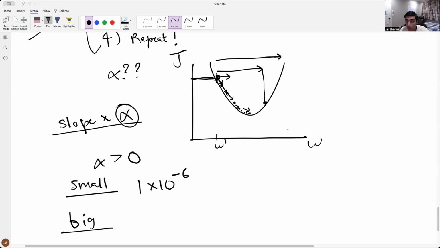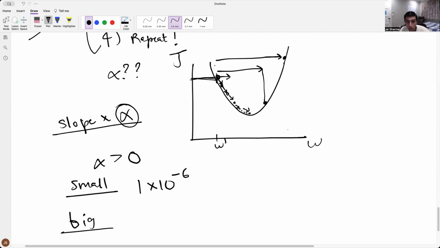Now, if you get too greedy, you want to finish the process of gradient descent very, very fast, then you might end up choosing a value of alpha that updates from here all the way to here. And this actually has led to an increase in the cost. And so technically, we were correct about the direction, but the amount by which we updated was too large.